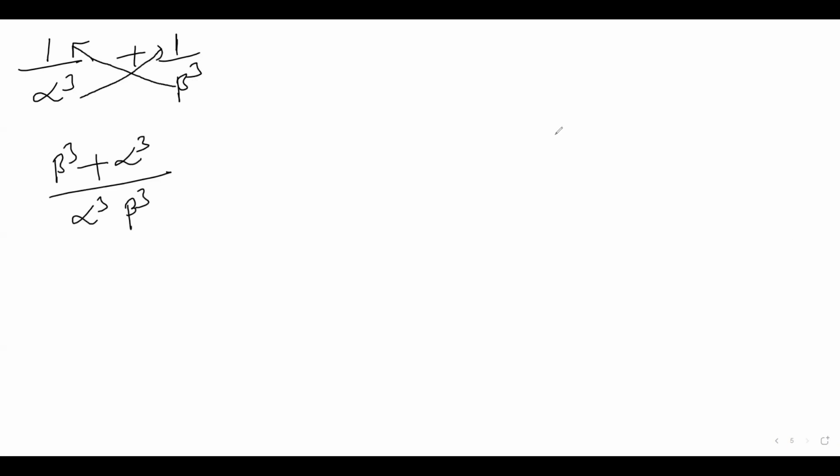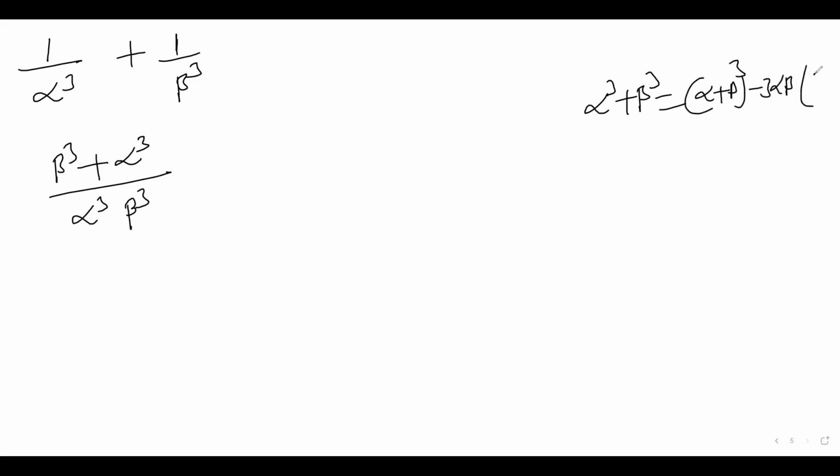So LCM is done. You all know from the previous problem what is alpha cube plus beta cube. Formula is alpha plus beta whole cube minus 3 alpha beta into alpha plus beta.